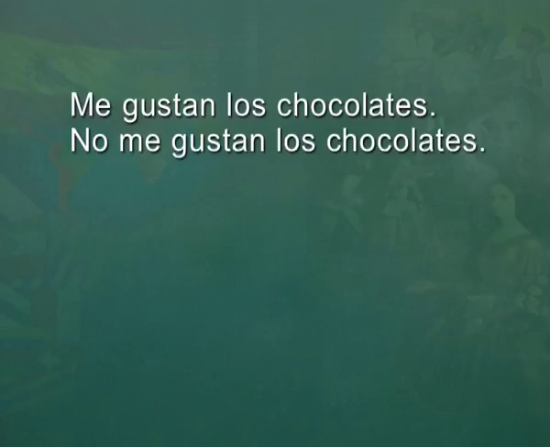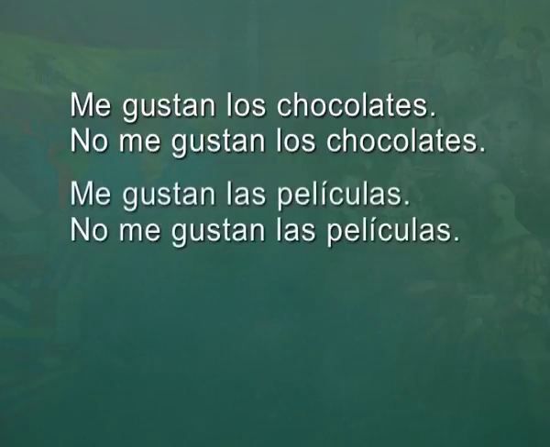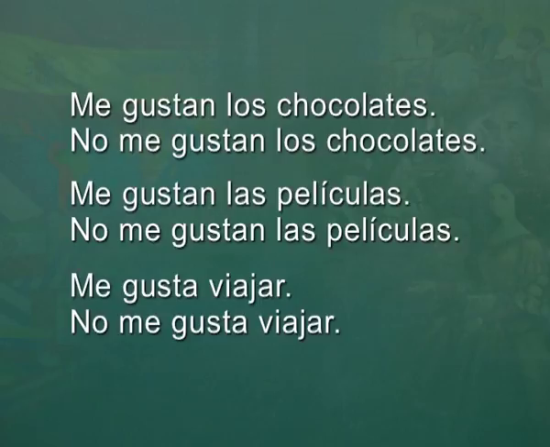We learnt earlier that to negate something, we simply put no before the verb in the sentence. So, me gustan los chocolates. No me gustan los chocolates. Me gustan las películas españolas. No me gustan las películas españolas. Me gusta viajar. No me gusta viajar.